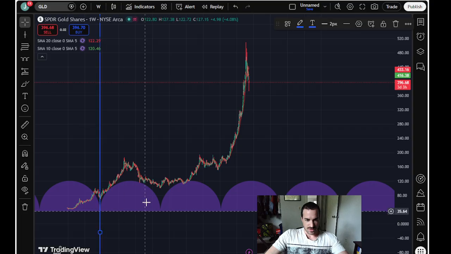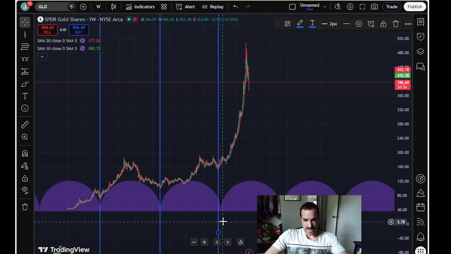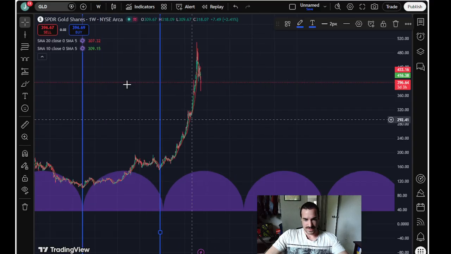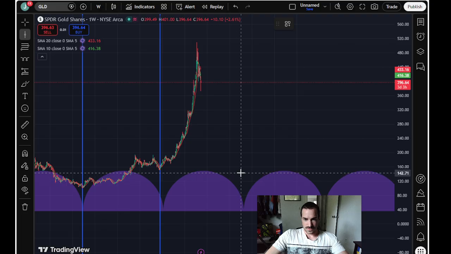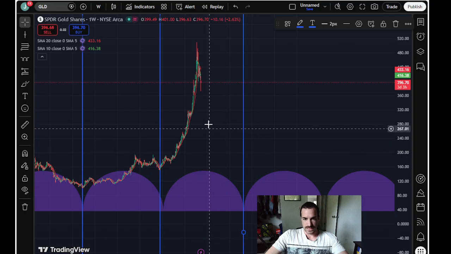Let's put a vertical line where the bottom actually occurred with respect to the semicircle. So this one happened a little bit before the end. And so going out into the future, there's supposed to be a bottom April 1st, 2030.